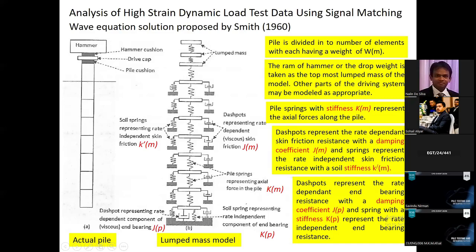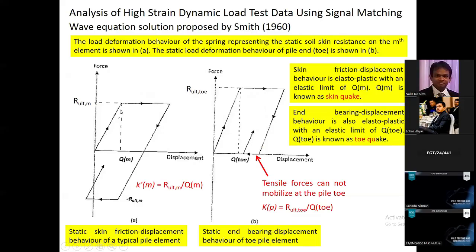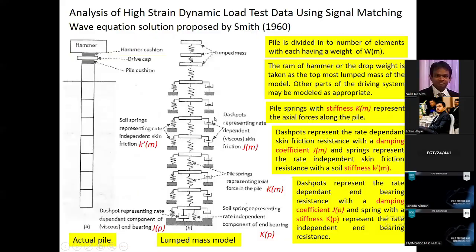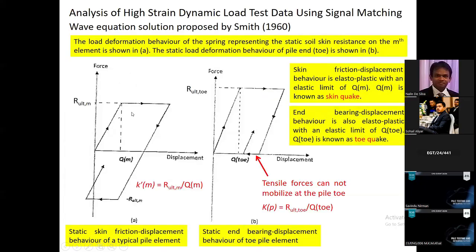Then for the soil pile interaction, there is a model like this. This is the model assumed by the first person who proposed this signal matching technique. It is Smith. In 1960, he proposed this analysis technique. So this is the force displacement relationship proposed for the soil pile interaction.